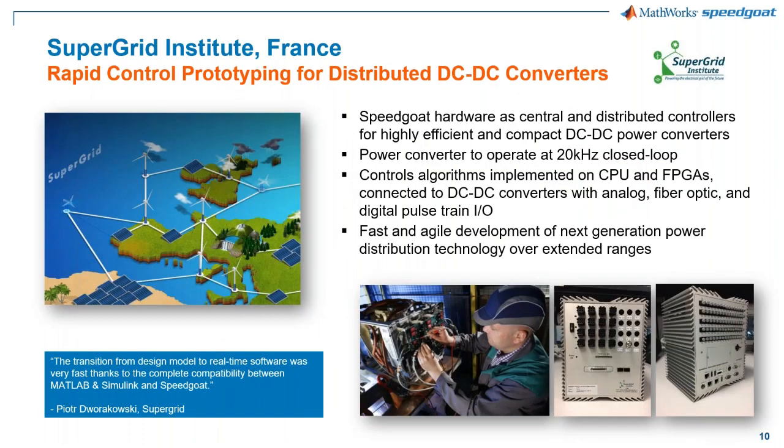Here I want to bring a user story from Supergrid Institute in France, who used MATLAB, Simulink, and Speedgoat products for rapid control prototyping of DC to DC converters, and they were very successful in this approach. Of course, we'll share the slides with you.